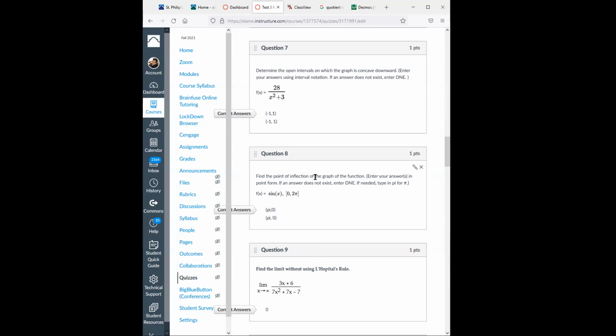It says find the point of inflection. So we need to find two derivatives, set it to 0, and find out where it's an inflection point.